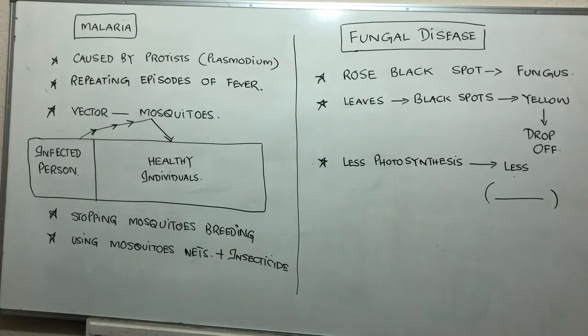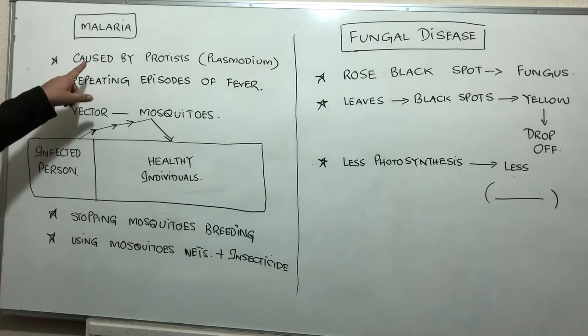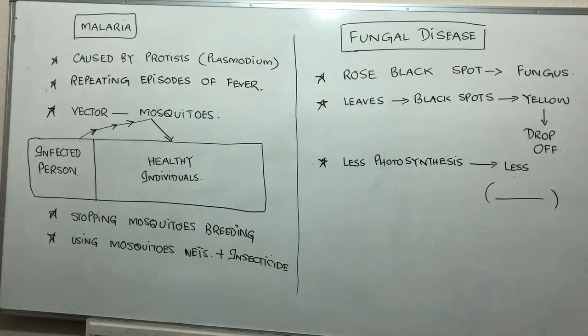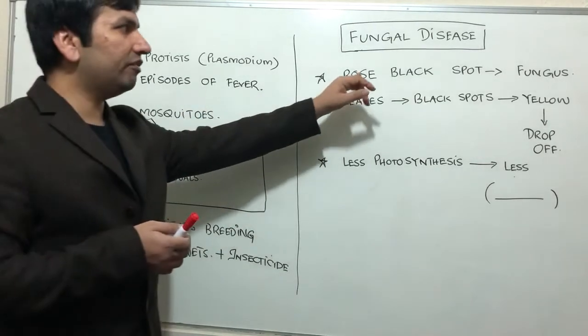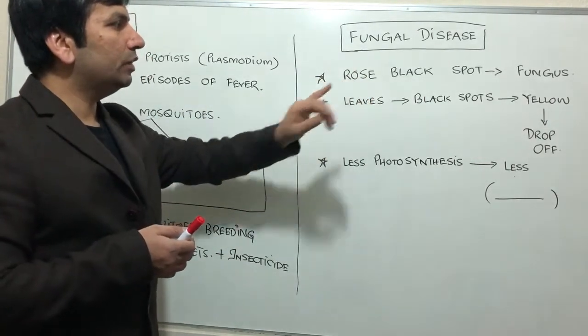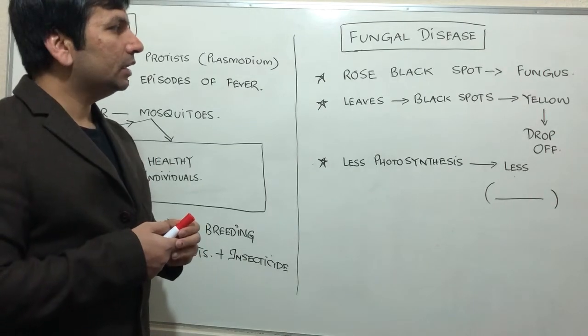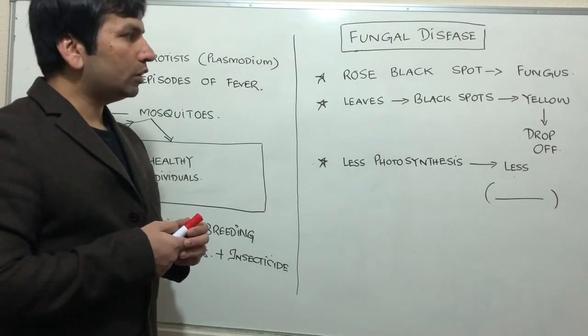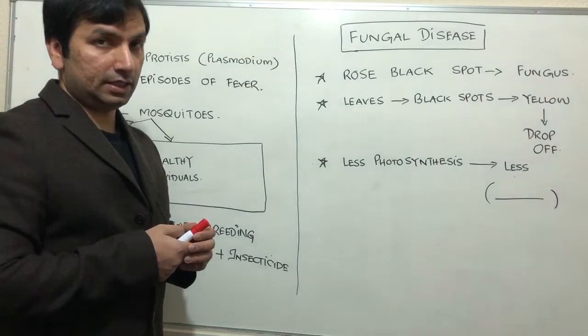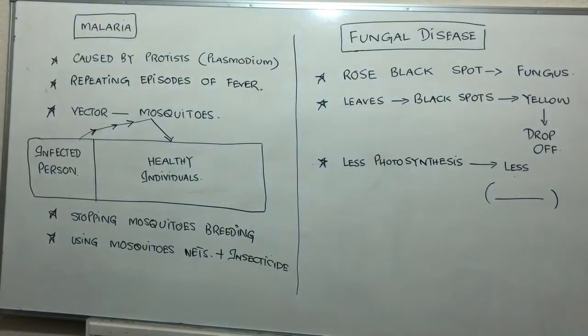So far, we have done viral diseases, and from the protists, we are going to take the disease of malaria, and then from the fungus diseases, we are going to discuss the black spot rose disease caused by fungus.